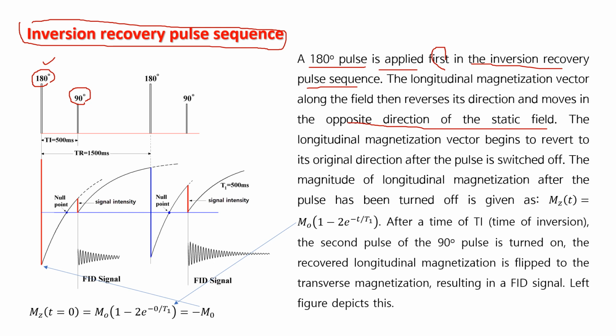So the magnetic vector is here before the 180-degree pulse, but after the 180-degree pulse, the magnetic vector reverses its direction, opposite to the field.